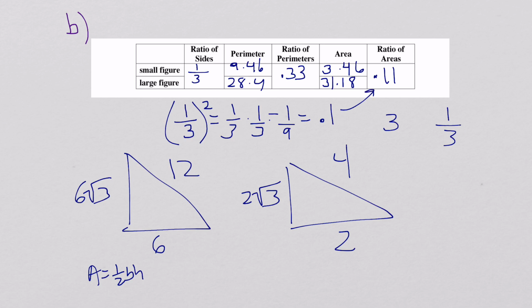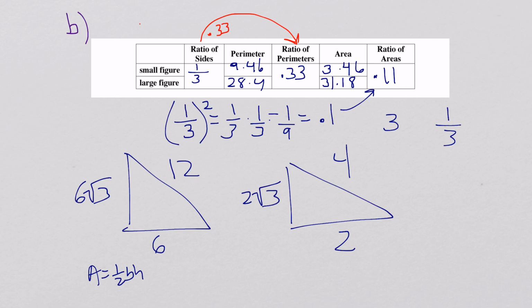Also, notice that our ratio of the sides and the ratio of perimeters are also the same, because 1 divided by 3 is 0.33. So what we determined in the example and what we found in part B is that the ratio of the sides, ratio of perimeters, and ratio of areas have similar relationships for any shape.